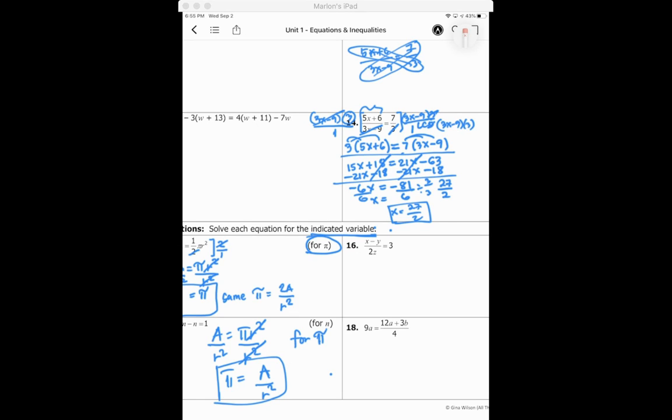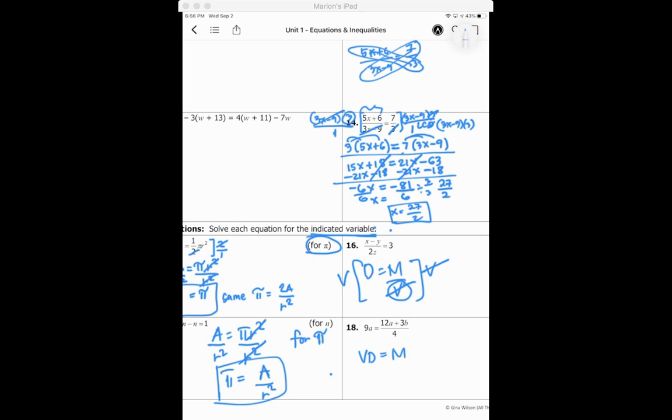But anyway, density is equal to mass over volume. So if I'm going to solve for volume, I will multiply both sides by V. This V will cancel out. So that leaves me with V times D equals M. So I'm not yet done.